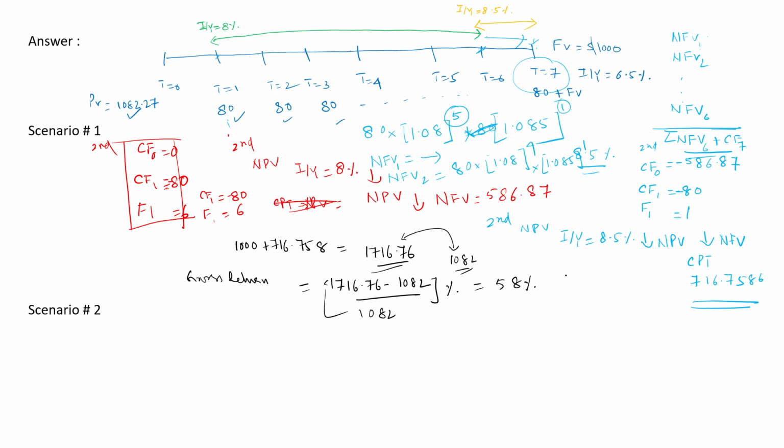And if you do it on a CAGR basis, that is compounded annual growth rate of return, this return has been achieved along with the investment proceeds over a period of 6 years.